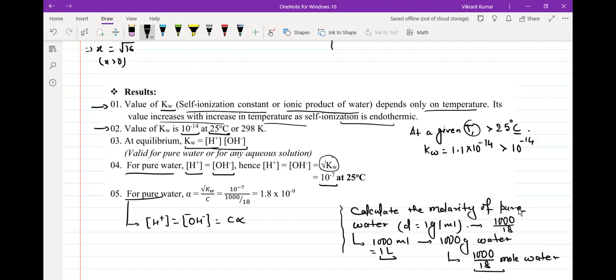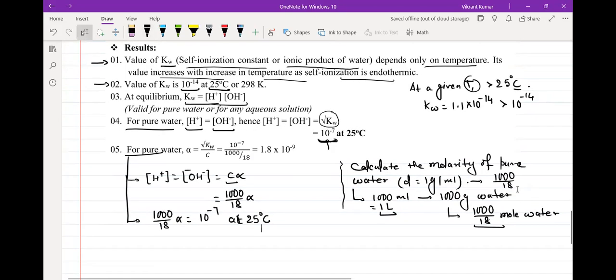Which means this C is nothing but 1000 upon 18 if you consider density to be 1 gram per ml. So we can write this was nothing but 1000 upon 18 alpha, and that is equal to 10 raised to minus 7 at 25 degrees C. At any general temperature, it will be root Kw. So for pure water, we can say this 1000 by 18 alpha is equal to root Kw, which is 10 raised to minus 7 at 25 degrees C definitely.